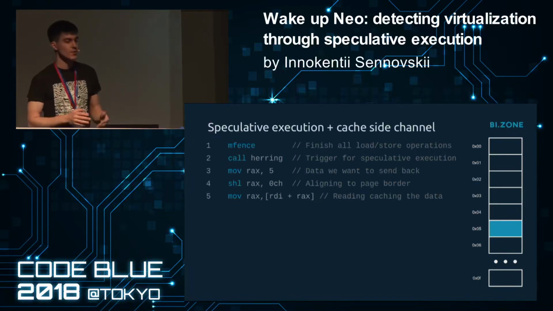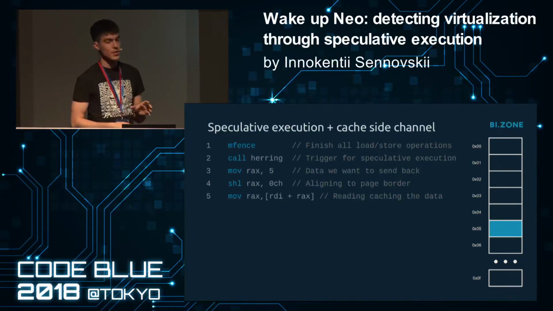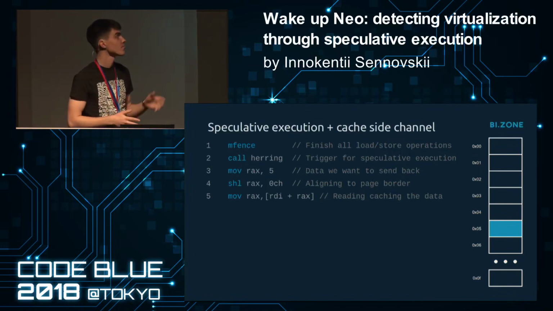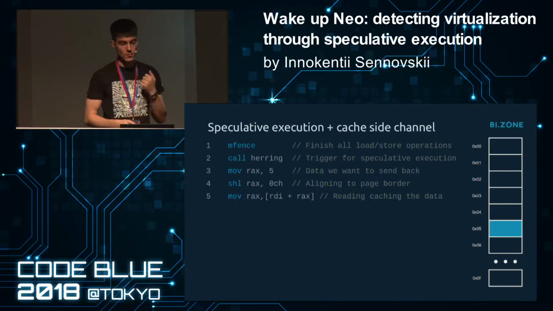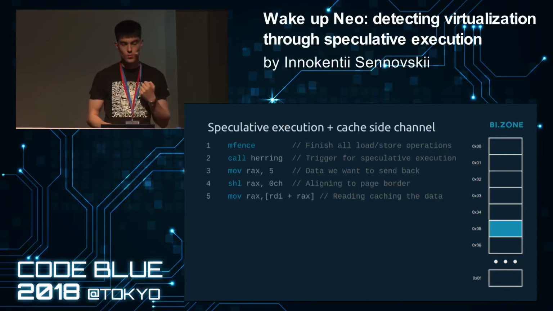So how do speculative execution plus cache side channel work? First, you have to serialize the execution so that all store, flush and load operations complete. We use a memory fence operation in the Intel CPU for that.